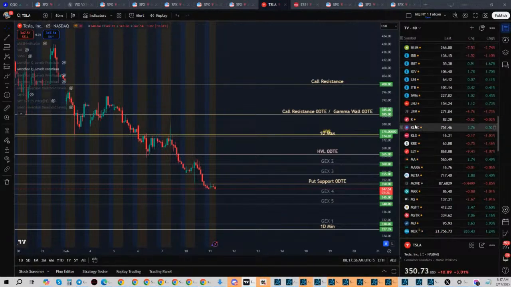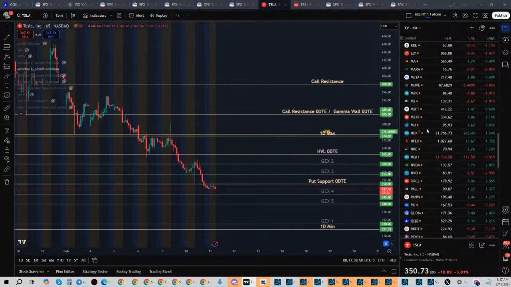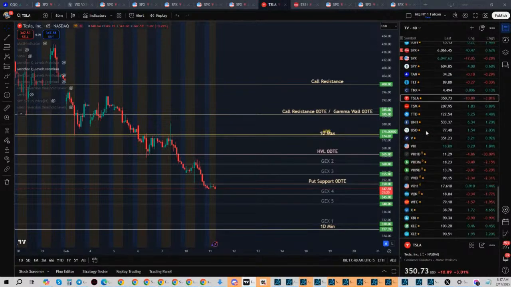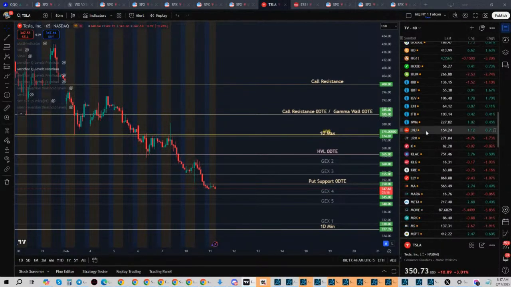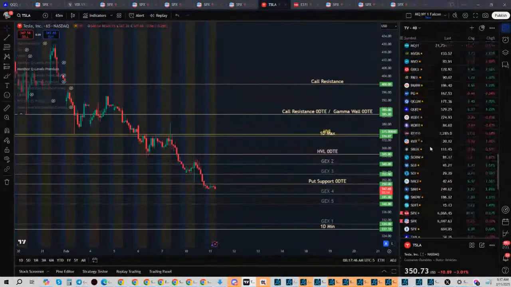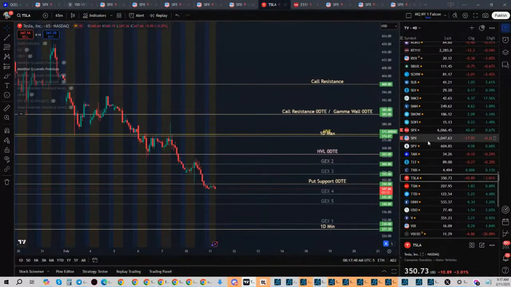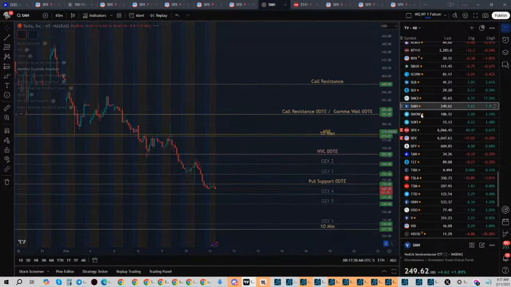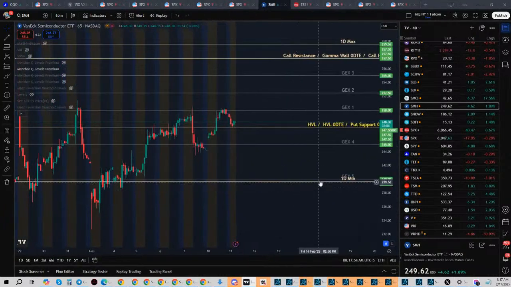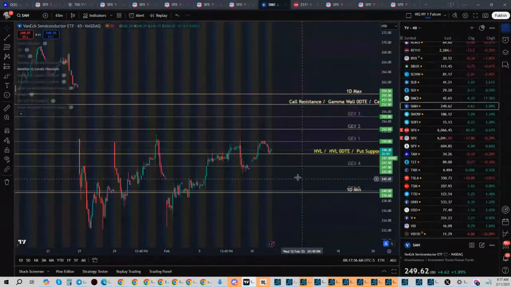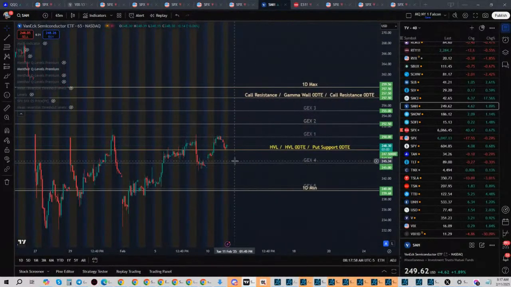Other tickers of interest that I always like to look at. I like to look at SMH. And SMH, this 250 level has kind of been where the action has been.